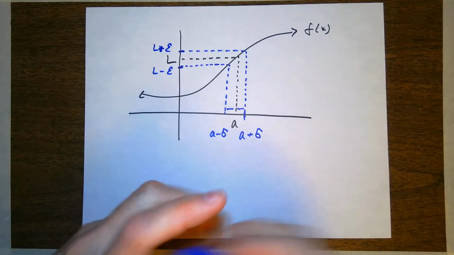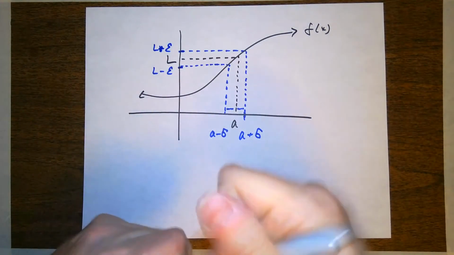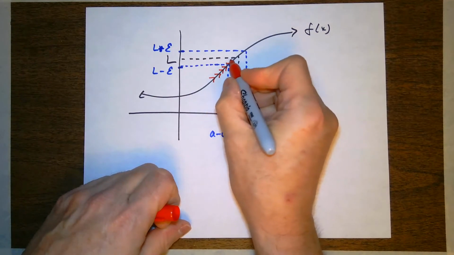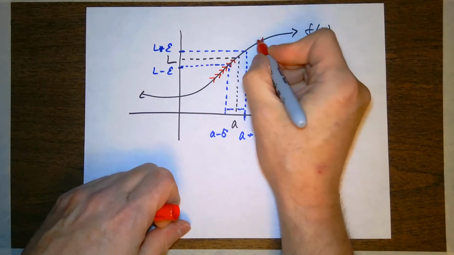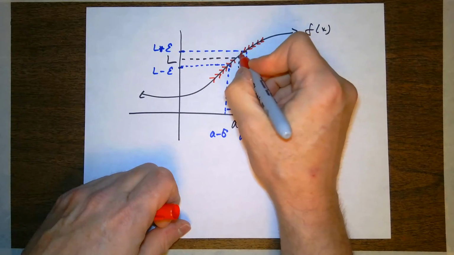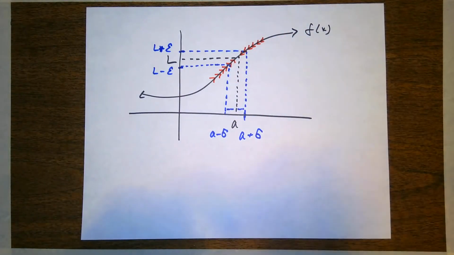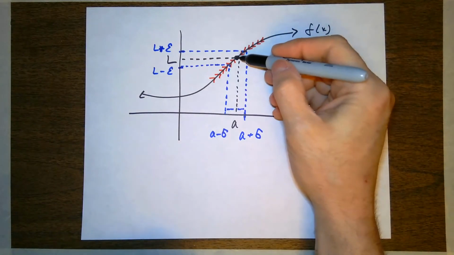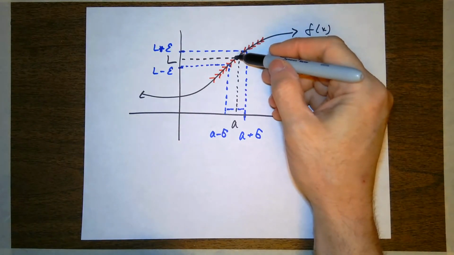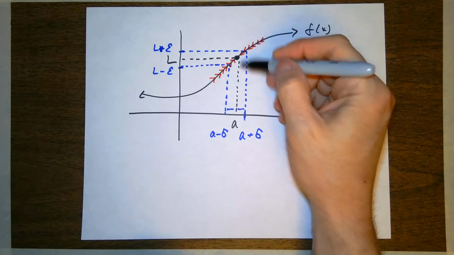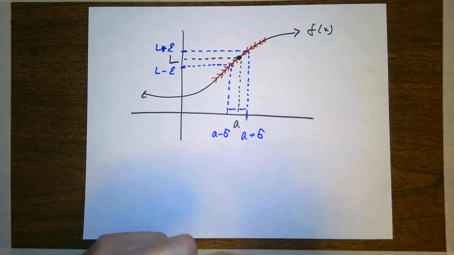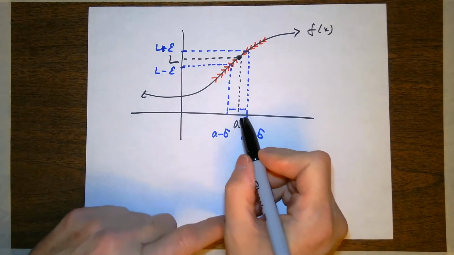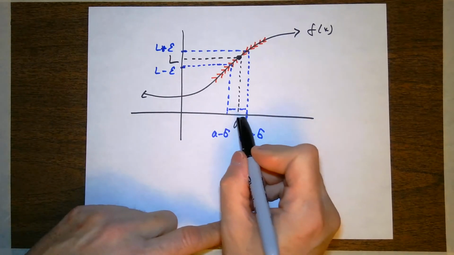So as I approach from the negative side, I am getting closer and closer, and as I approach from the positive side, I am getting closer and closer to this point right here. And again, remember, this could be a removable discontinuity, or the function could even be defined somewhere completely different. It doesn't matter. As the deltas get smaller, the epsilon gets smaller by a significantly close enough number.